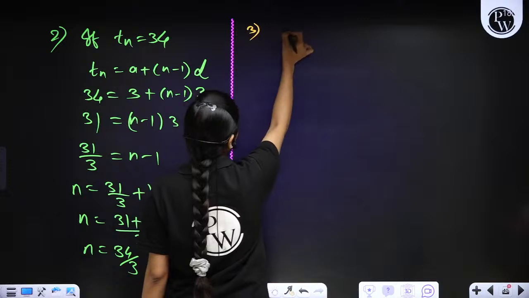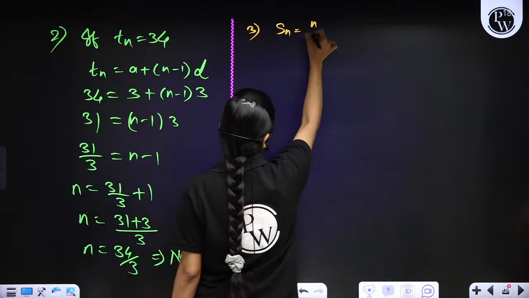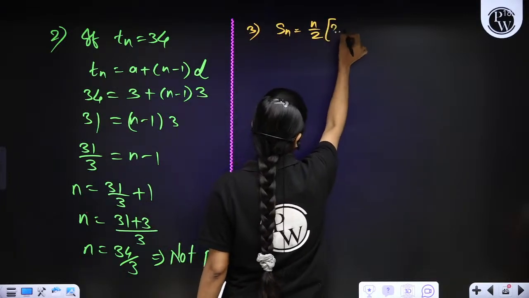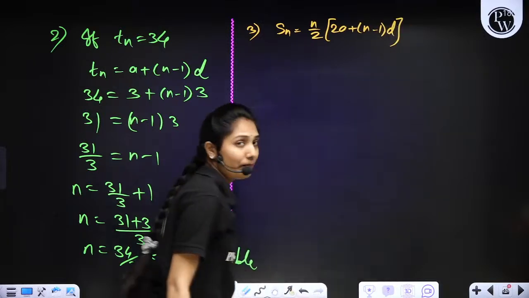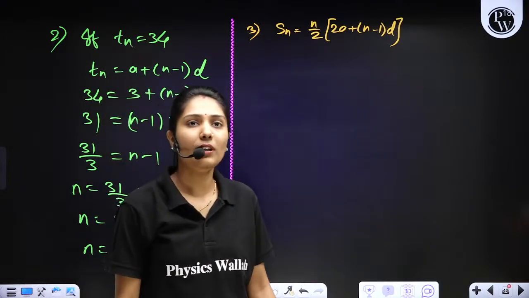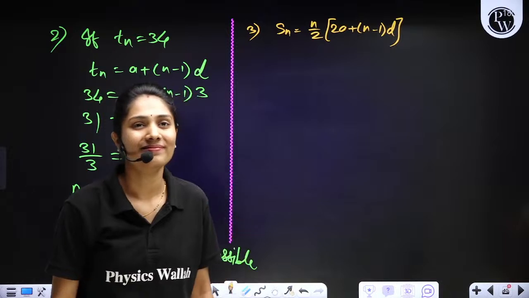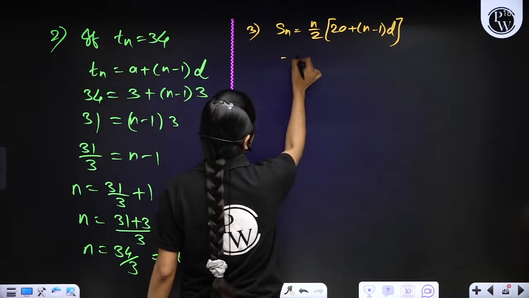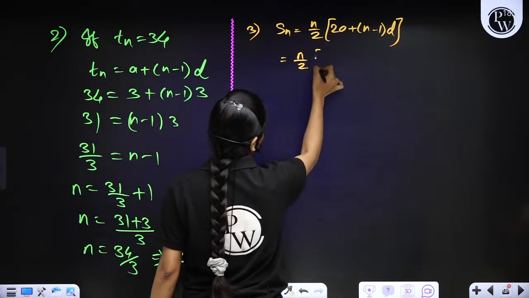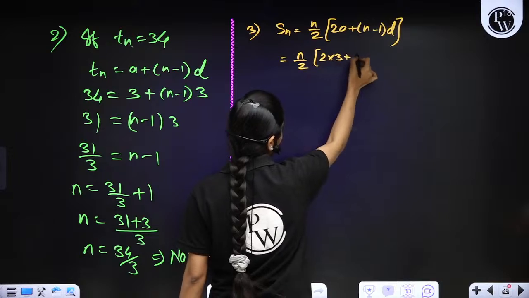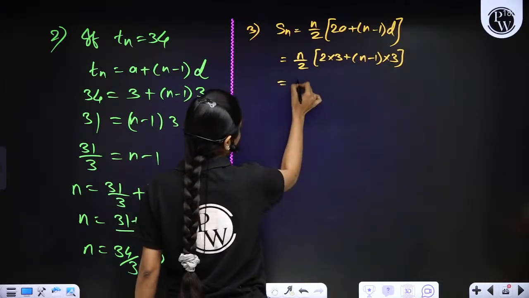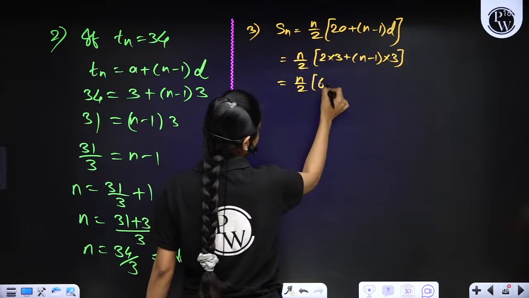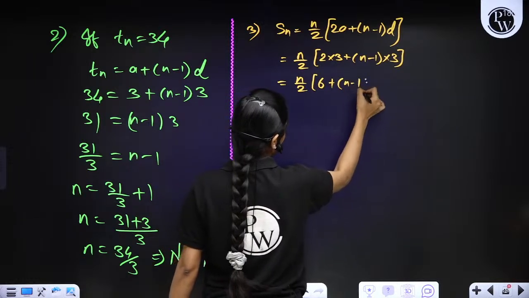Third. Sn equals n by 2 into 2a plus n minus 1 into d. That's the formula we have. So it is n by 2, 2 into 3 plus n minus 1 into 3, which is n by 2, 6 plus n minus 1 into 3.